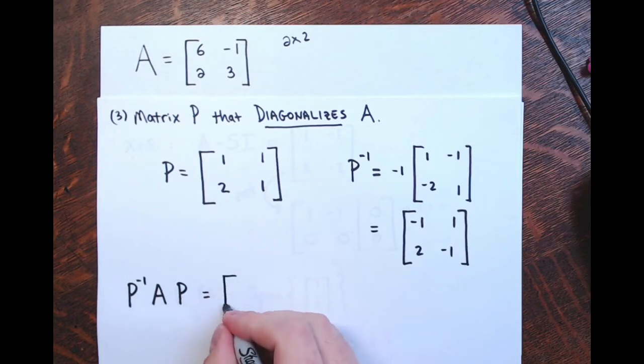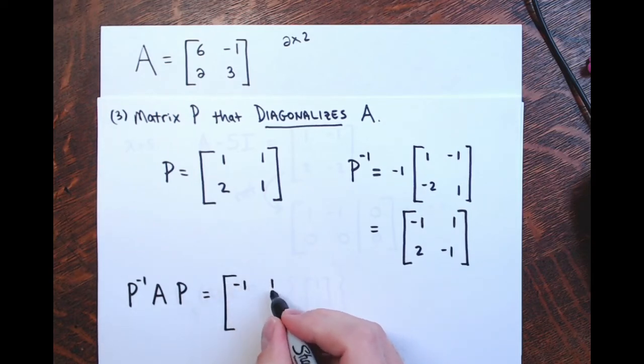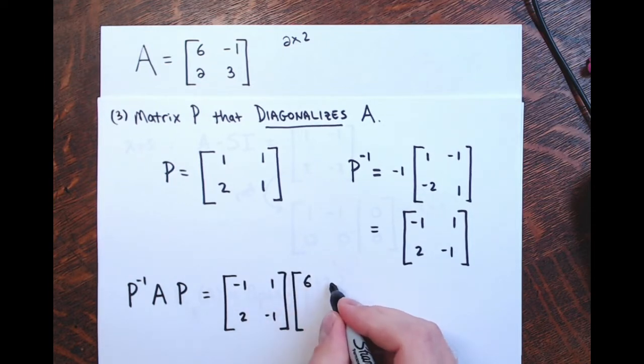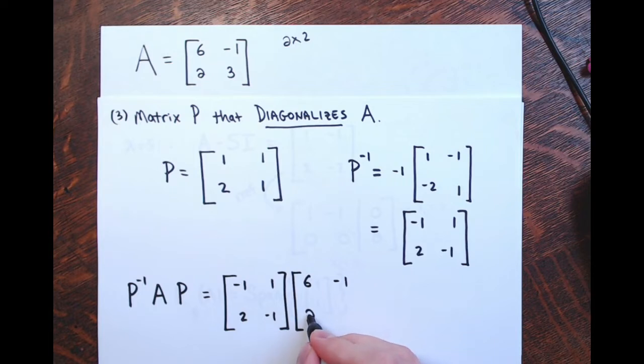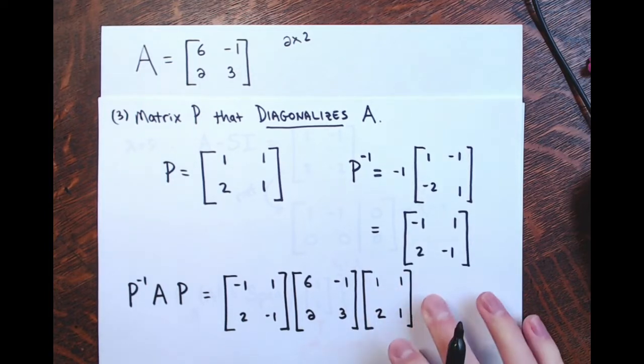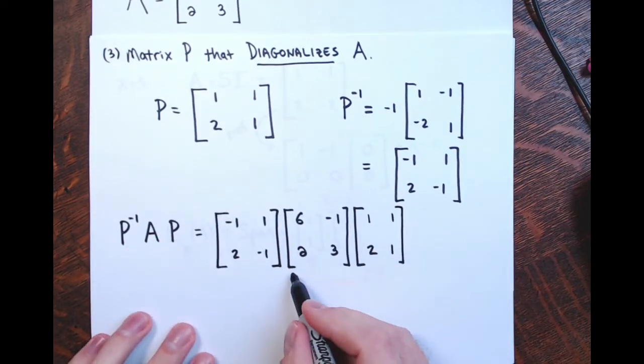So again, write these out: P inverse times A times P. I'm just going to go right to left here.